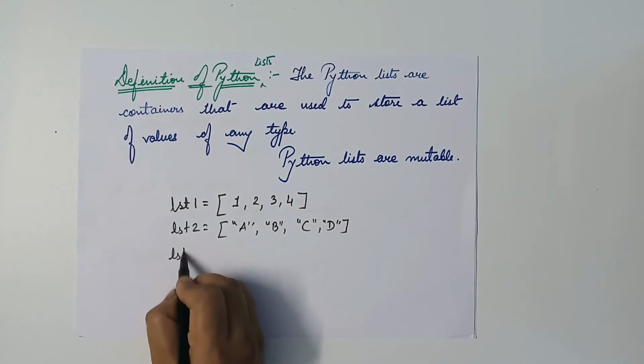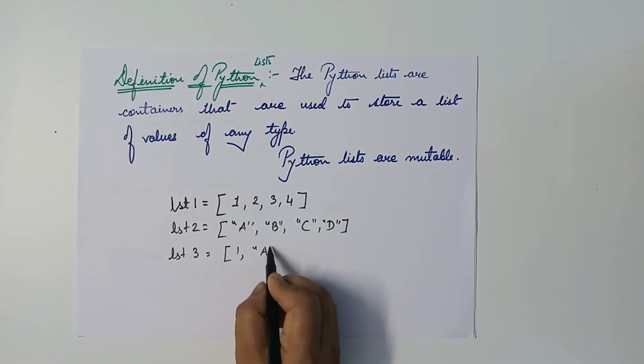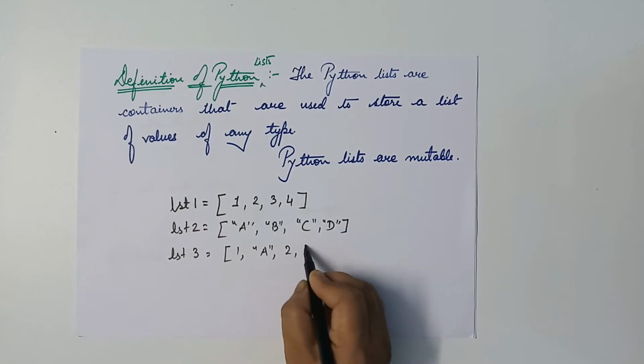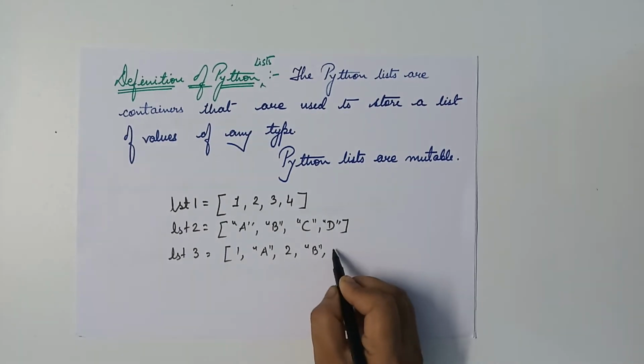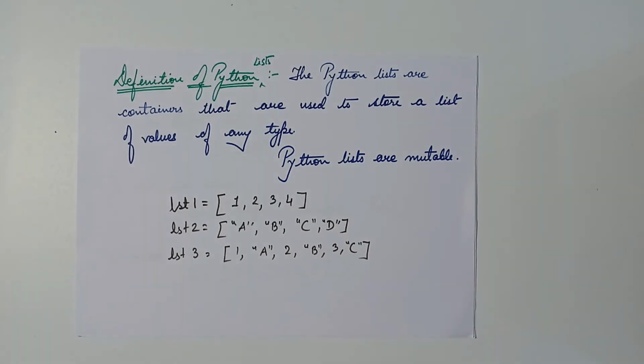I can create one more list where I can have both string and integer values, all I can have. So this is called a list. Now let us see how we can create a list.